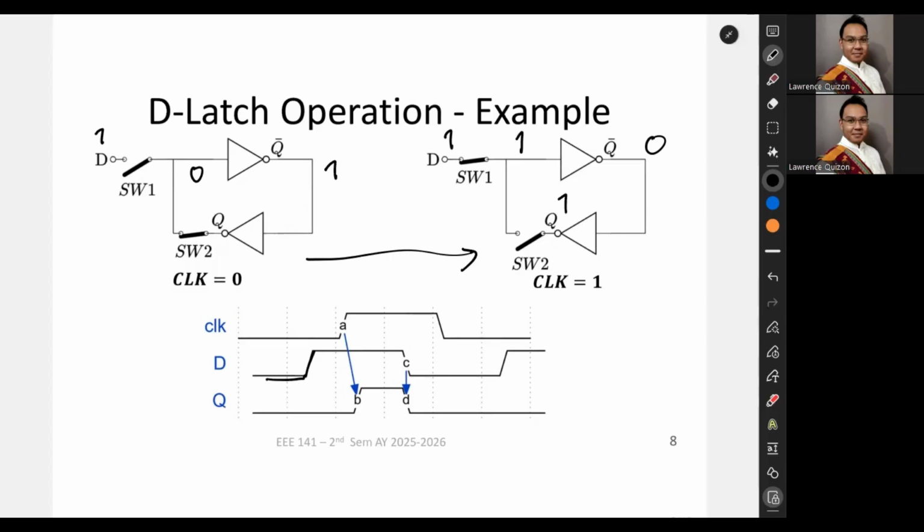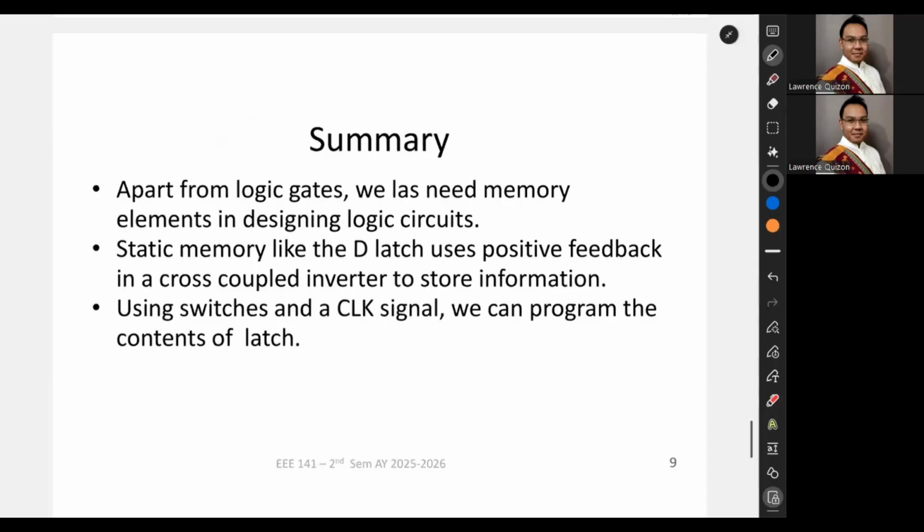This turns Q into the same as D. And then when D went down, Q also followed it and went down. And then finally, when clock went back down to 0, Q keeps the state regardless of whether or not D actually changes. So yeah, with that, that's the fourth part of lecture 1.